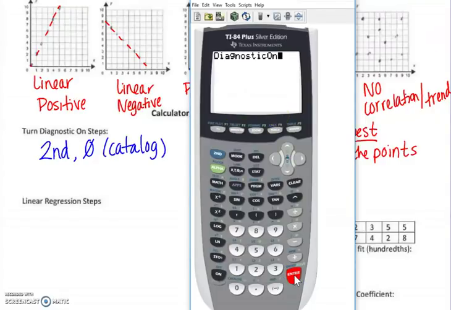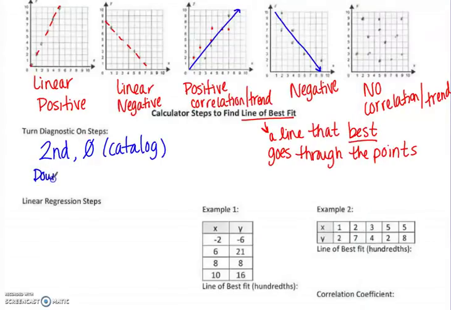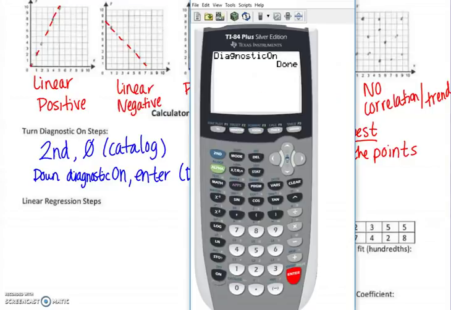And then you hit enter until you see done. Okay, so then your steps would be down to diagnostic on. And then you hit enter. You're probably going to have to hit enter twice until you see the words done. That turns your diagnostic on, which you're going to need in a little bit, okay? So, till it says done there. So that's how we turn the diagnostic on, which yet again, you probably have no idea what that means, but that's okay.